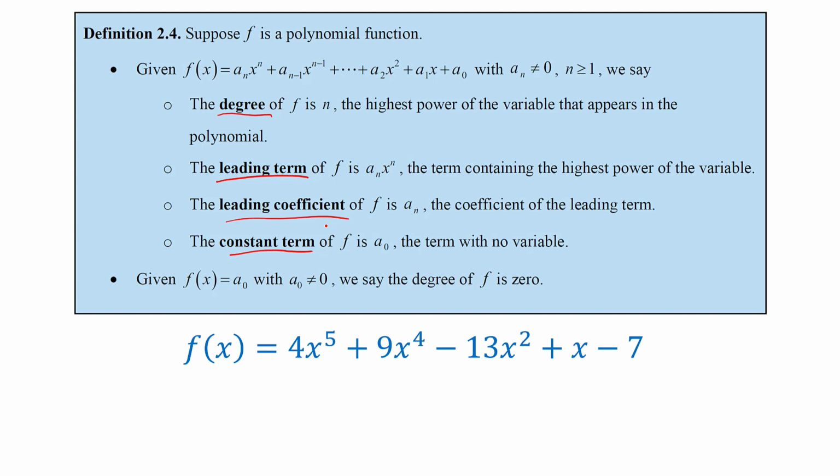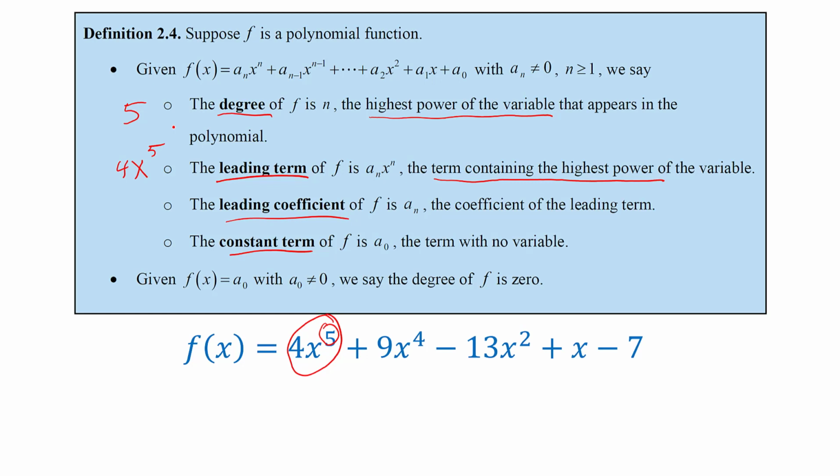If we look at the degree of f of x, the degree is the highest power of the variable, which you can see here would be 5. The leading term of f of x is a sub n x to the n, the term containing the highest power of the variable. Well, the highest power of the variable is 5, so the term containing that power of 5 would be 4x to the fifth.